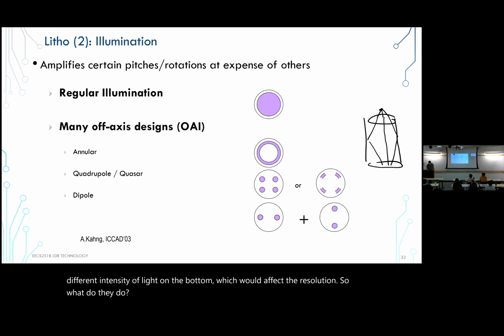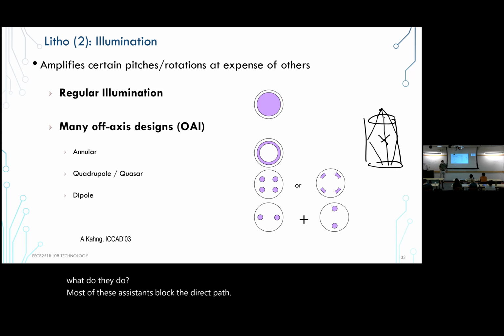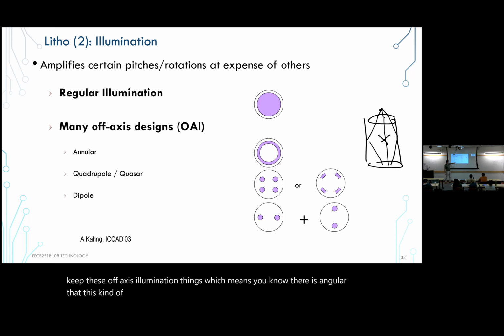So what to do? Most of these systems block the direct path. If you block the direct path, then everything is going to go and add appropriately on the sides. So these are off-axis illumination schemes, which means there's angular, but that's kind of rare; you mostly have quadrupole and dipole.